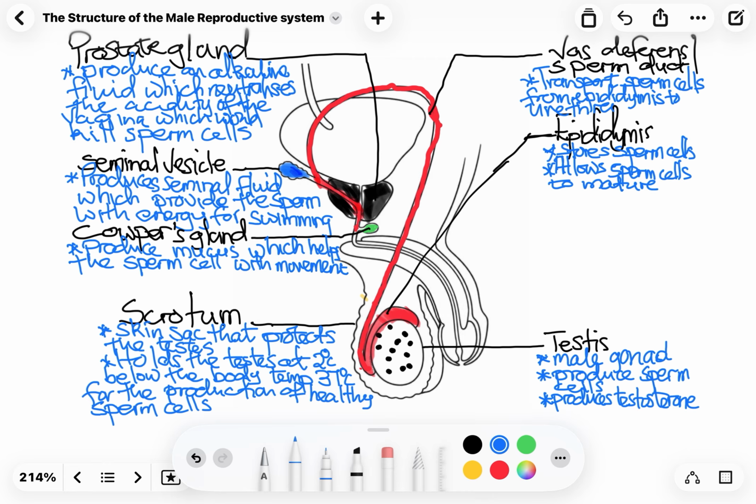Right? And also we can simply say that it also secretes a fluid that cleans and lubricates the urethra. Remember, the urethra belongs to two systems.